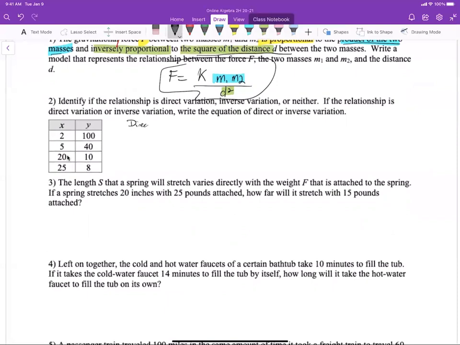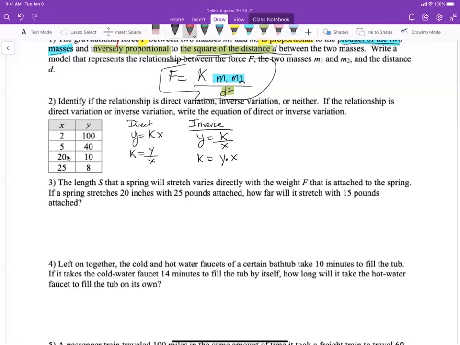Direct means that y is equal to some K constant times x, which means I will have a constant value if I divide y by x. Inverse means I will have y equal to some constant divided by x, hence the word inverse. That means K will be constant if you multiply y times x, okay?